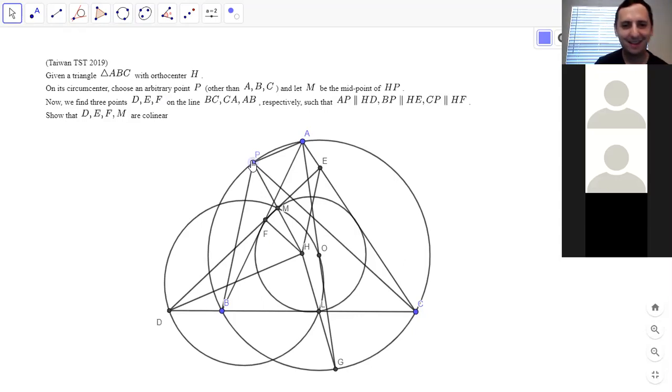GeoGebra moment. Why is that? Why is angle OMD 90? It's interesting.